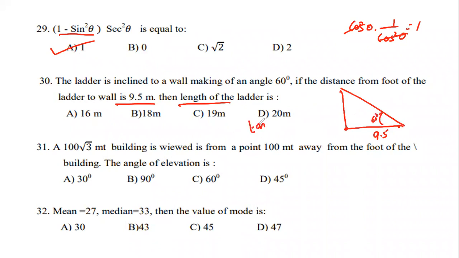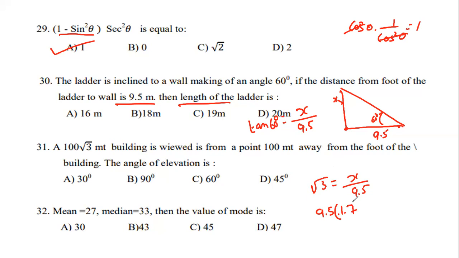Tan theta, tan 60 degree is equals to opposite. I will consider this one as x by 9.5. So tan 60, what is the value of tan 60? Root 3 is equals to x by 9.5. So 9.5 into root 3 value. What is the value of root 3? 1.7 something.